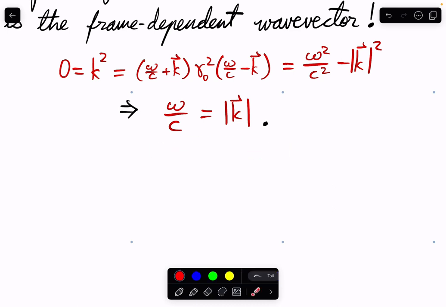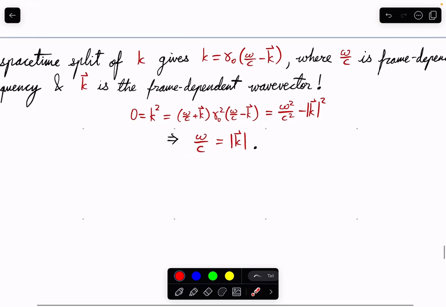In electrodynamics, this is called the dispersion relationship, and this holds in any reference frame. So basically, this is the same thing as saying that all reference frames see light the same. When every reference frame sees the same thing, then it's a nilpotent. It squares to 0.